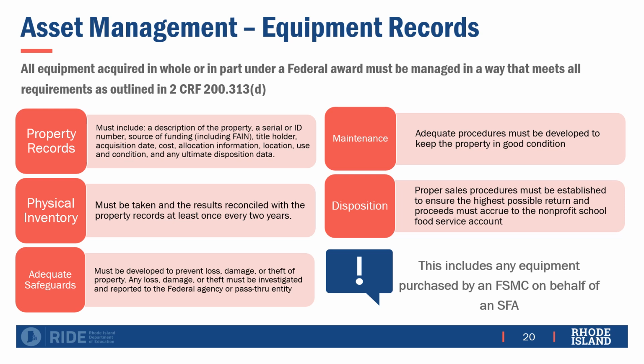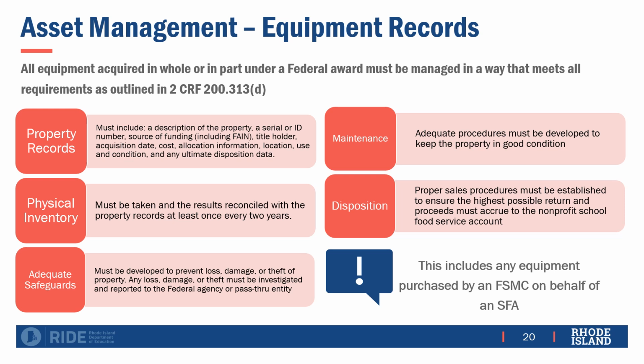Adequate procedures related to the maintenance of equipment to ensure that it remains in good condition, and procedures related to the disposition of equipment which ensures that the SFA receives the highest possible return, and that any proceeds from equipment disposal for purchases made from the nonprofit account accrue back to the program.